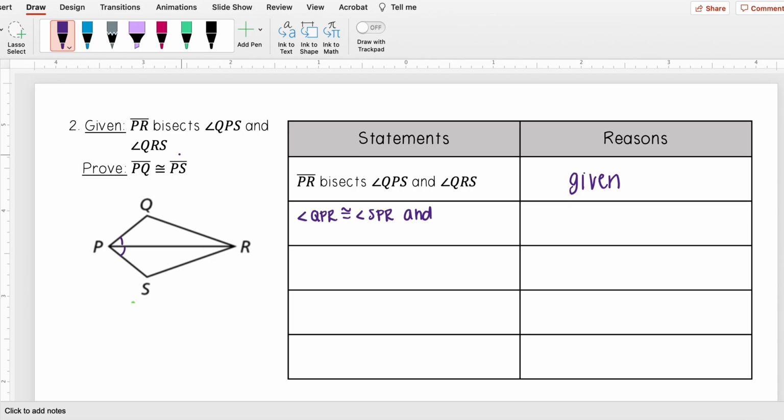And it also bisects QRS. So that means that angle QRP is congruent to angle SRP. This is by definition of angle bisector.